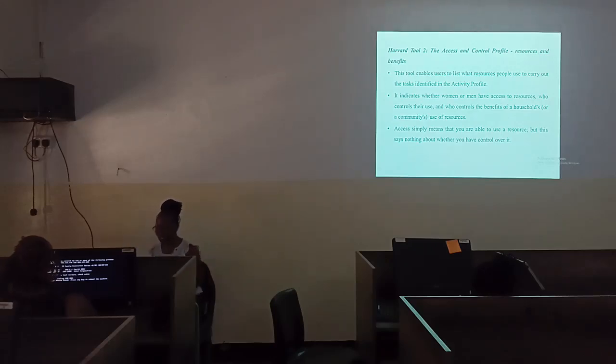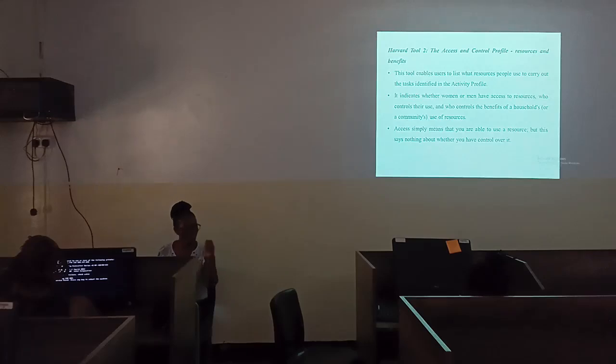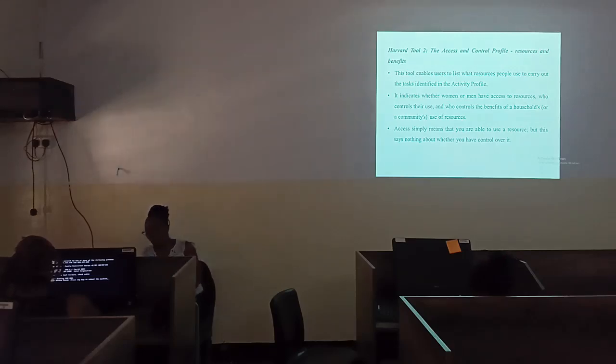Number 2, you list the resources needed for each activity. For all those resources, you ask who has access, and who controls the use of resources. If you have land, who controls land? Maybe the issue of fertilizer or seeds, who controls them, or who controls the benefits of household use of resources.